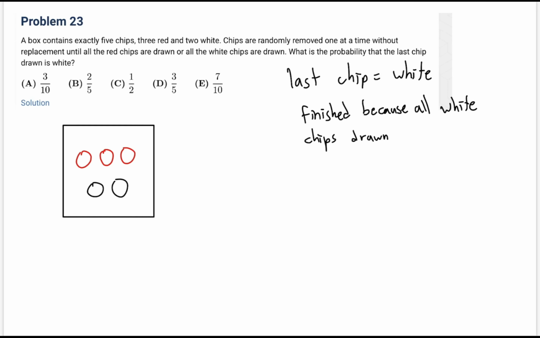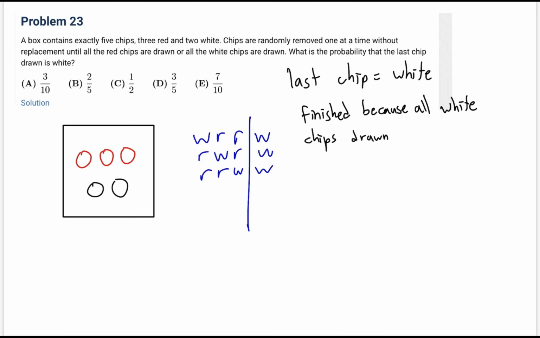For something to end in white, it can't have all 3 reds, and it must have at least 1 white before the last white. So it has to be either white, red, red, white, and then change the order of these: red, white, red, white, red, red, white, and then the end would always be white.